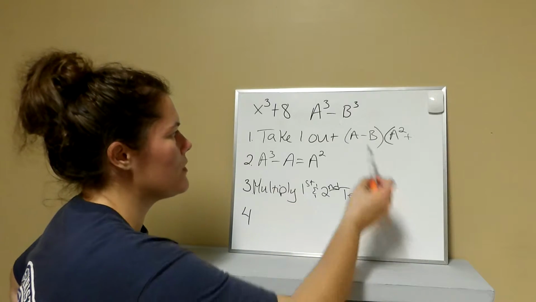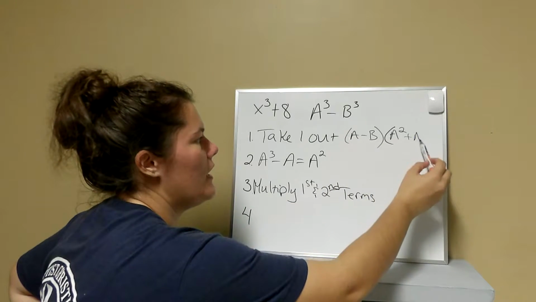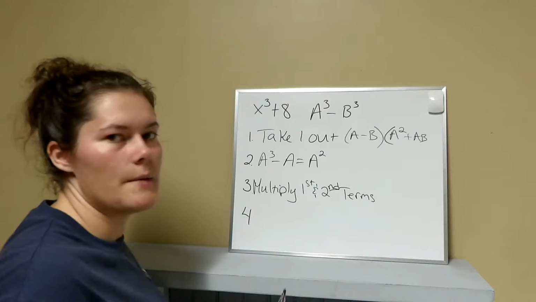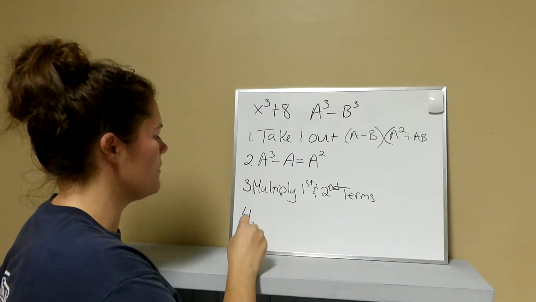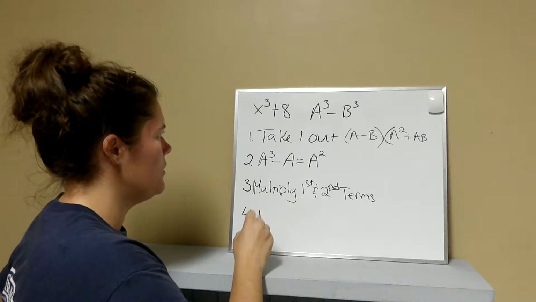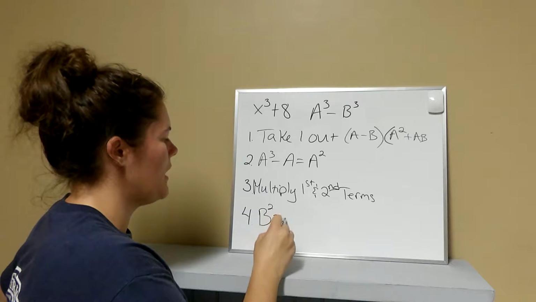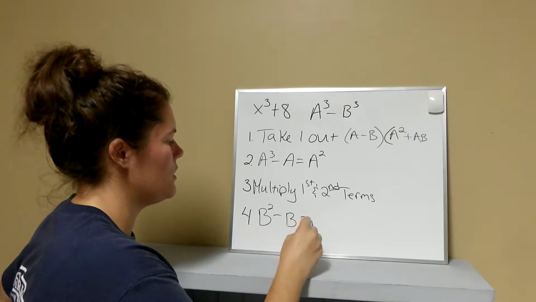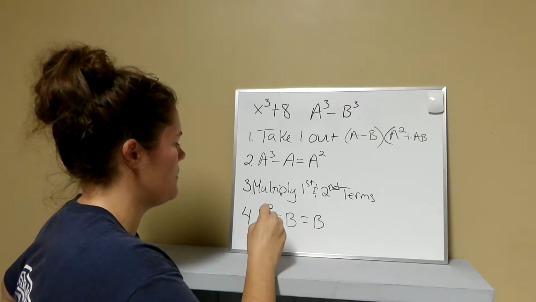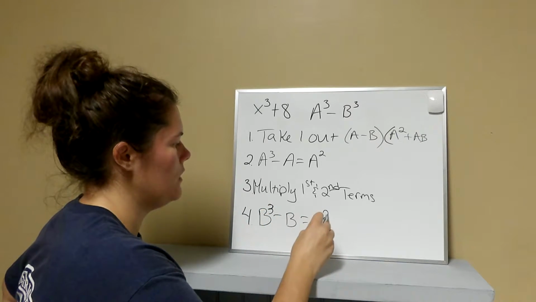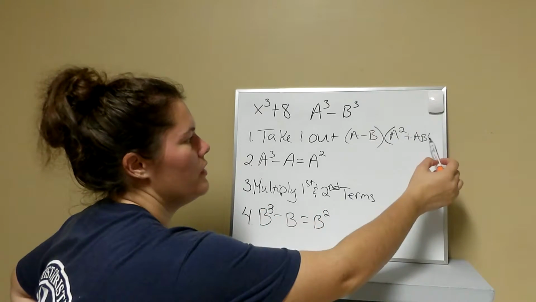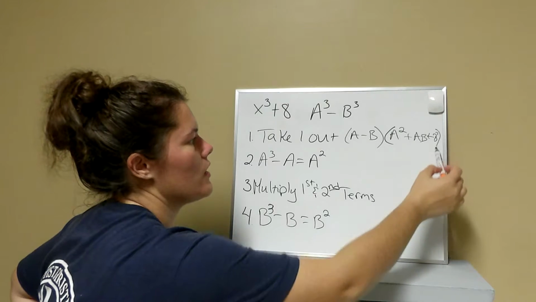So when you multiply the first and second terms, you have a and b, a times b. Then for the fourth part, you have b cubed minus b, which equals b squared. So then you have plus b squared. Sorry, I had to write really small.